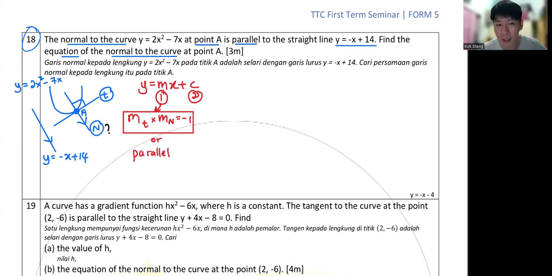The second way is the parallel. So, of course, parallel is faster, right? For this question here, the straight line -x plus 14, yep, you should know the gradient is -1.